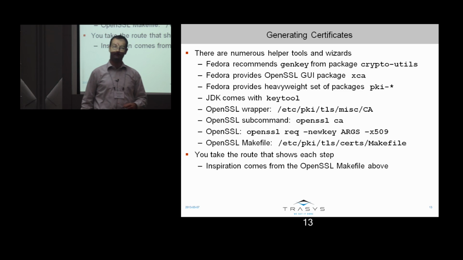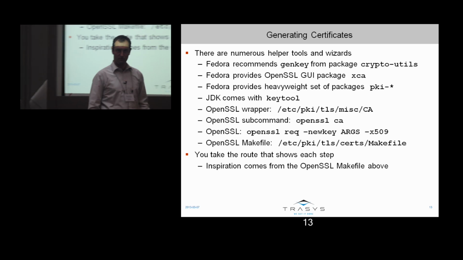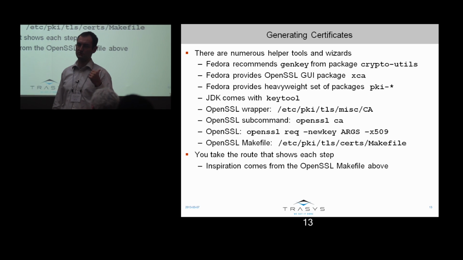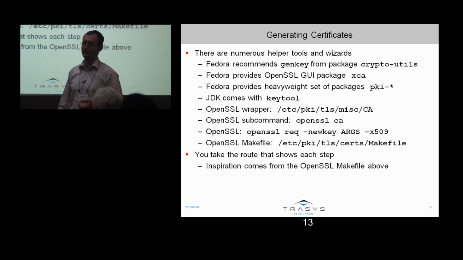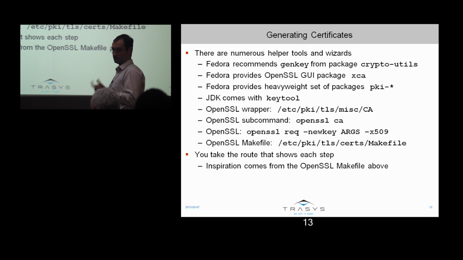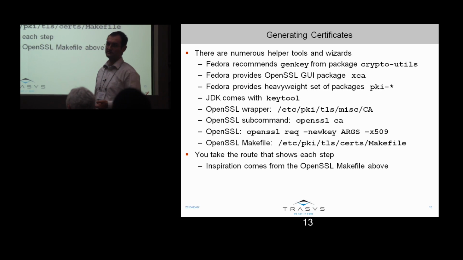Good. Now that you have seen a little bit how OpenSSL works, those commands earlier were not important to know. Those were more so you get a feel of how you work with the OpenSSL command. If you want to start generating certificates, there's a plethora of choices here.